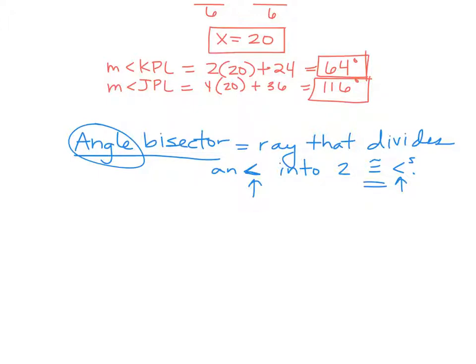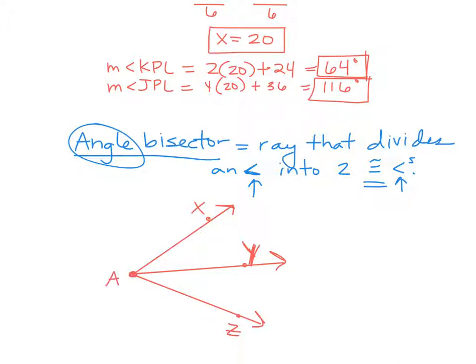So here we go, I need my ruler and it's hiding. Oh, there we go. All right, angle bisector. If I have this set up, say you have points X, Y, Z, and A, okay?